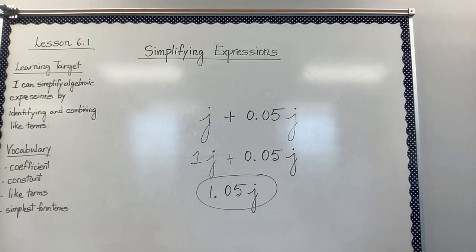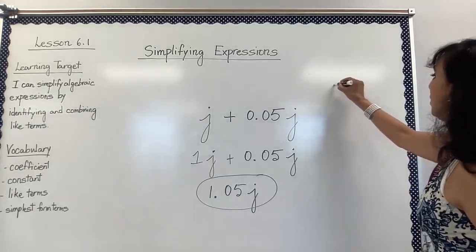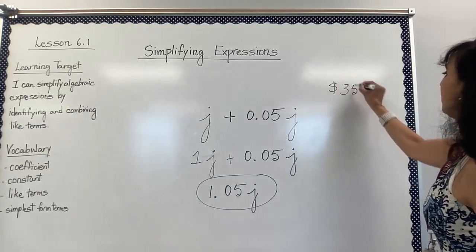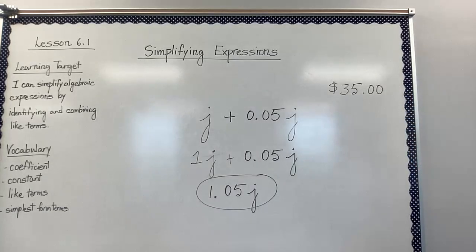So suppose the original cost of the jacket is $35. So let's say the cost of the jacket is equal to $35. What would be the cost after the 5% markup?